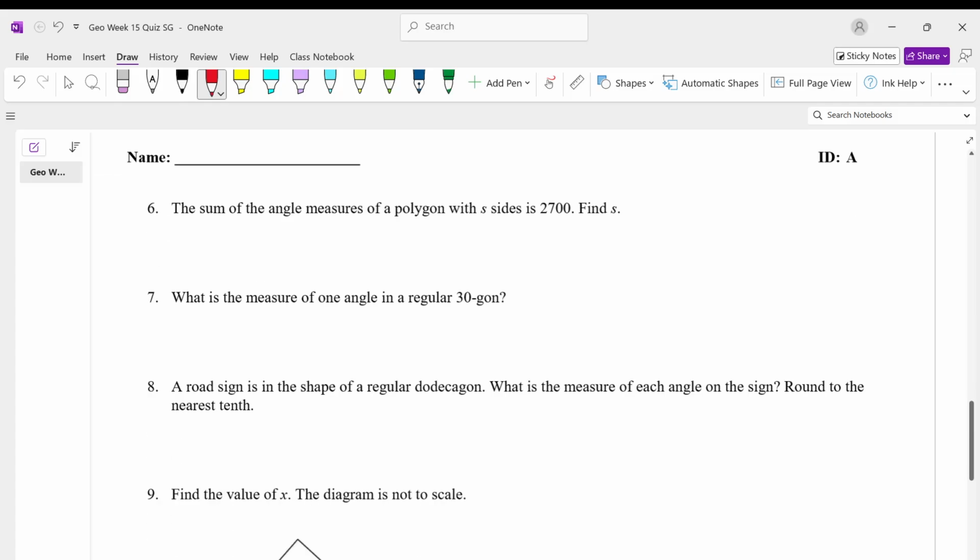Problem number 6. You're told that the sum of the angle measures of a polygon with S sides is 2700.